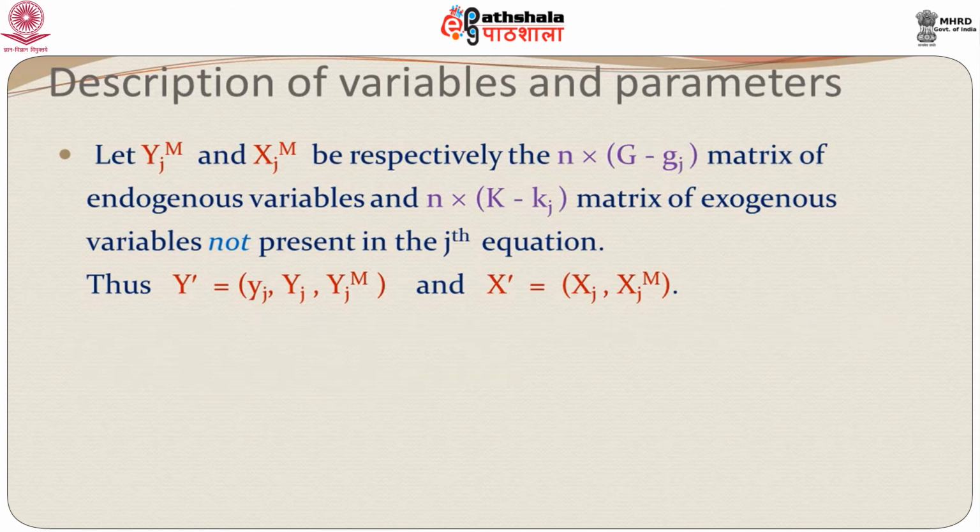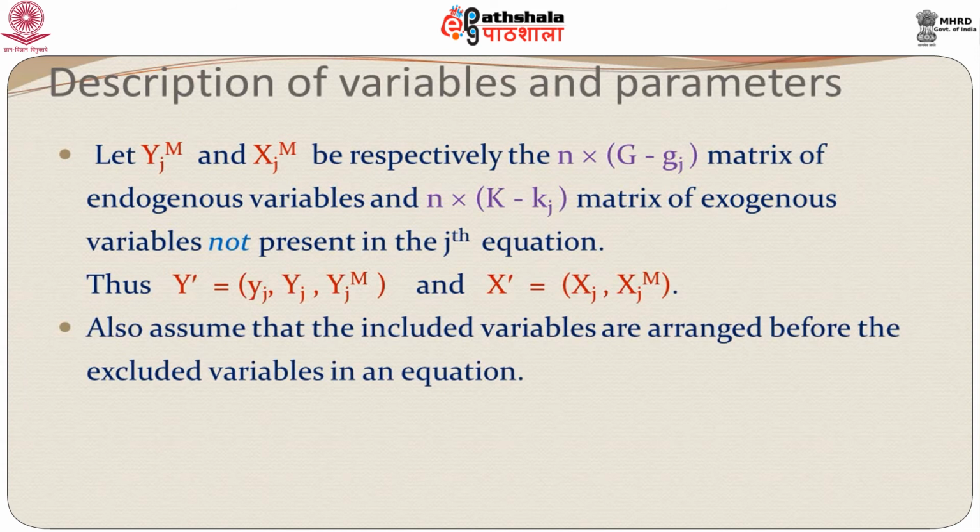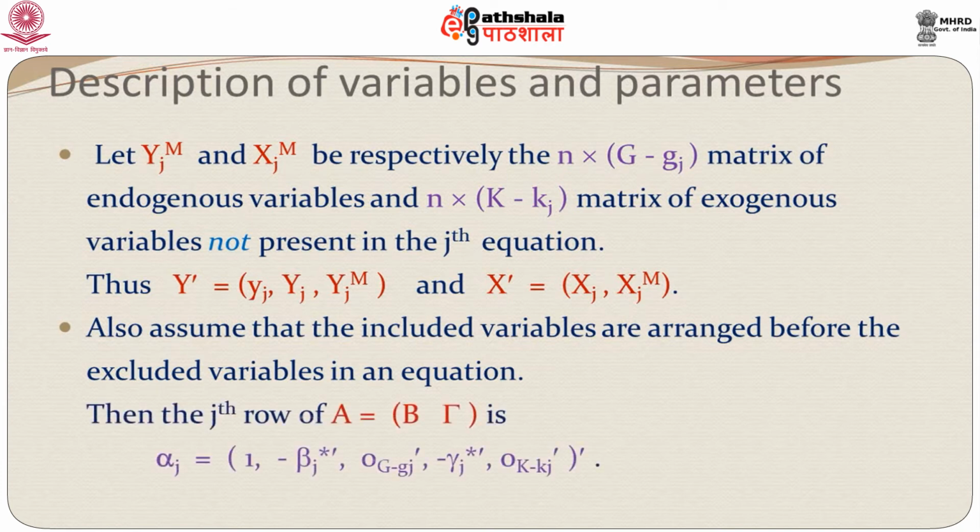Also, we assume that the included variables are arranged before the excluded variables in the equation. So, the yj comes before yjm, xj comes before xjm; we can always rearrange the variables. Then the jth row of A, which is B and gamma, these are the structural parameters, would be alpha j, which is 1 because the first variable yj has a coefficient of 1, that is a response variable.